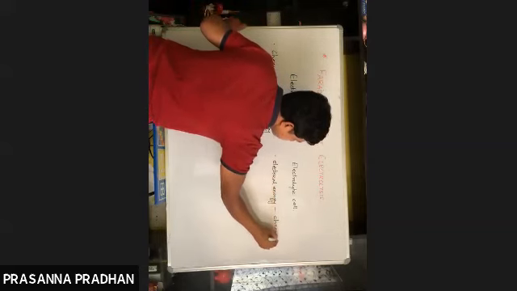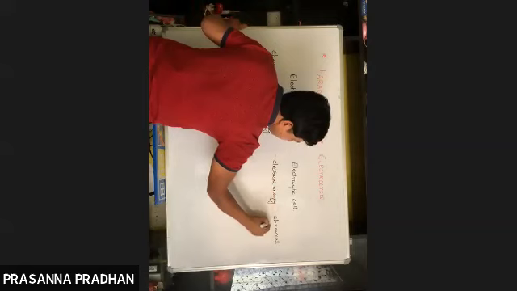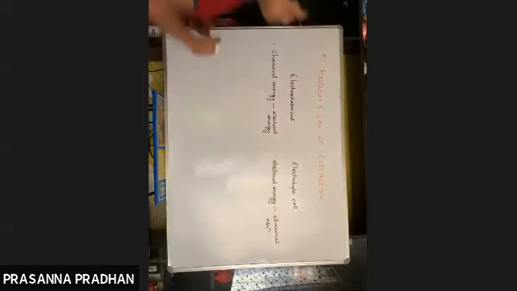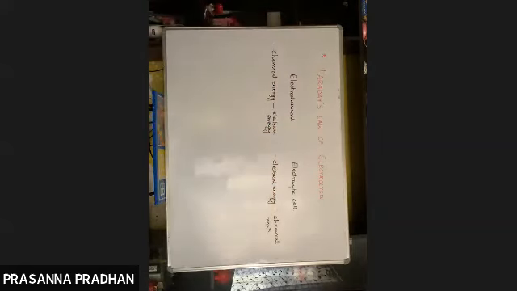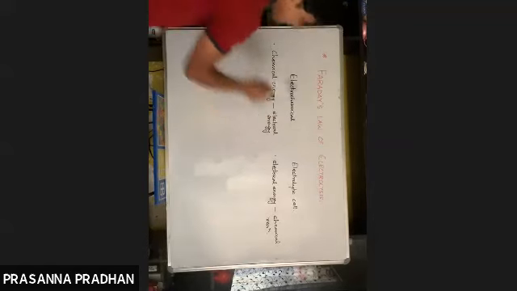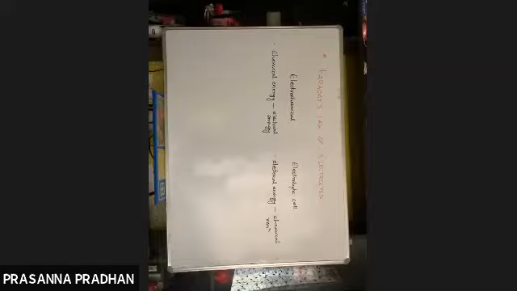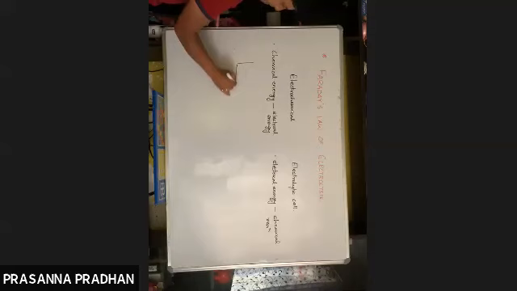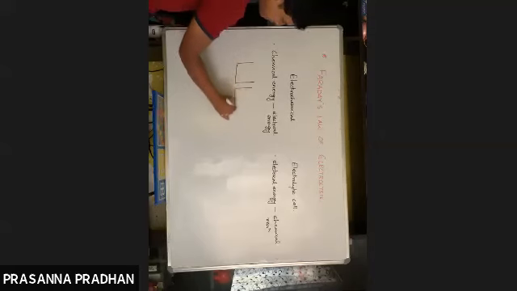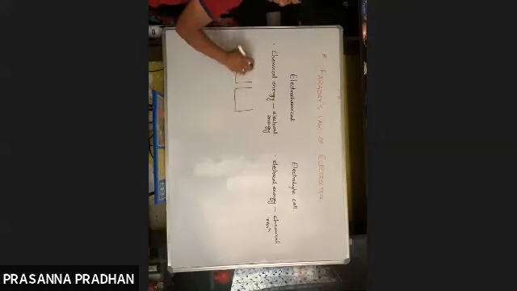After we pass electrical current, the chemical reaction occurs, and for the chemical reaction to take place, electrical energy is required. First difference. Second difference, in an electrochemical cell, the redox reactions are carried out in separate vessels like this.